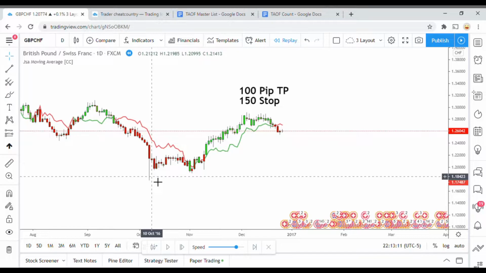This was actually created by Cheat Country. I've mentioned him in a few other videos as well. I believe it is a him. One of the more popular indicator creators on TradingView. Tons and tons and tons of indicators. Lots of really cool things.